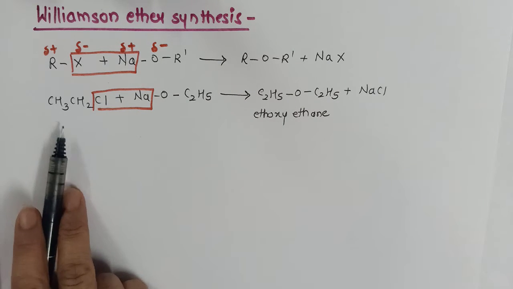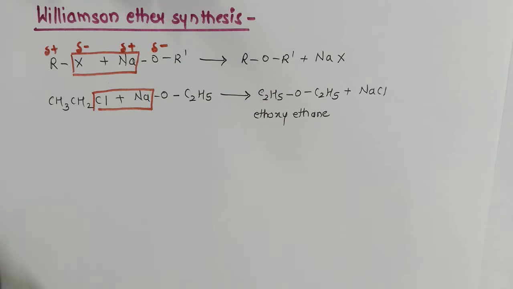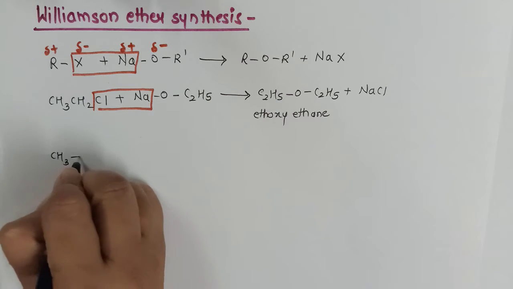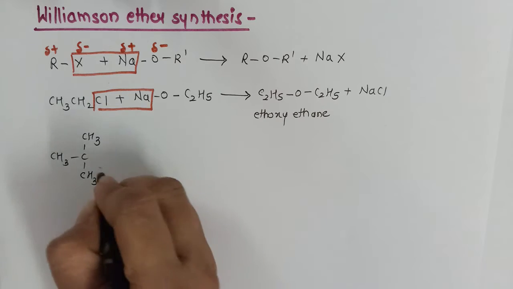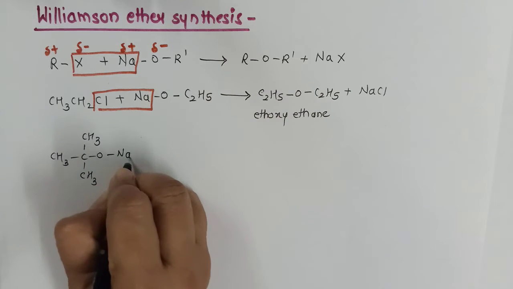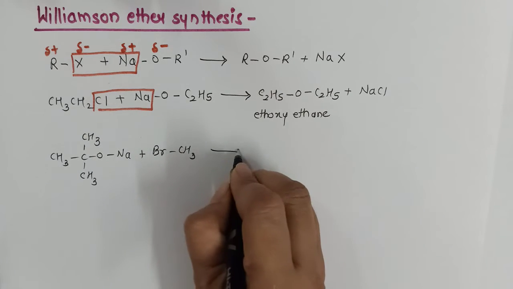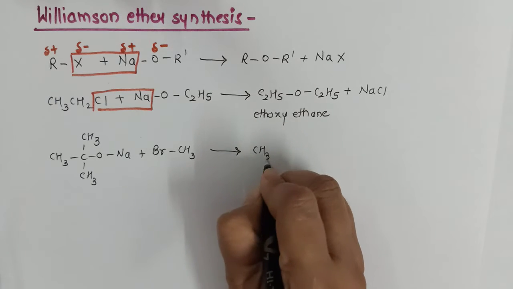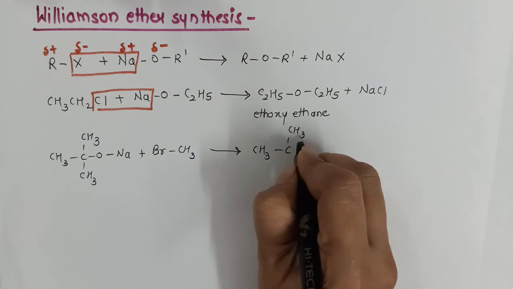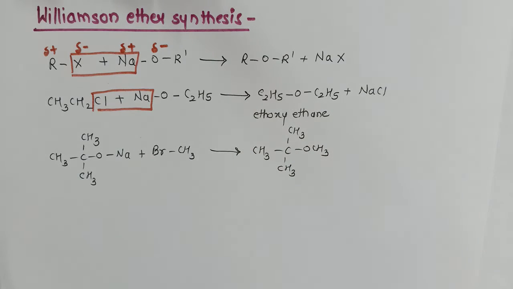This was 1 degree. Both are 1 degree. Now let us take the example where sodium alkoxide is 3 degree. Tertiary sodium butoxide, when treated with bromoethane, will give us 3 degree ether as shown.